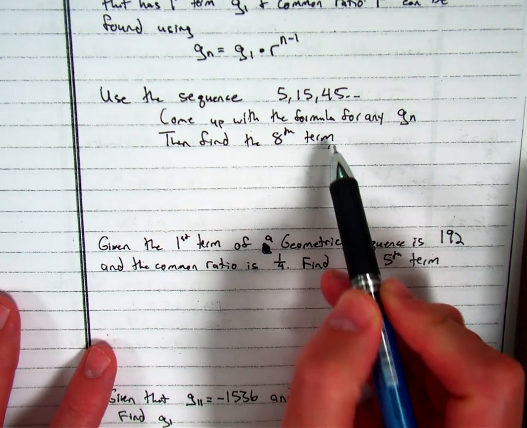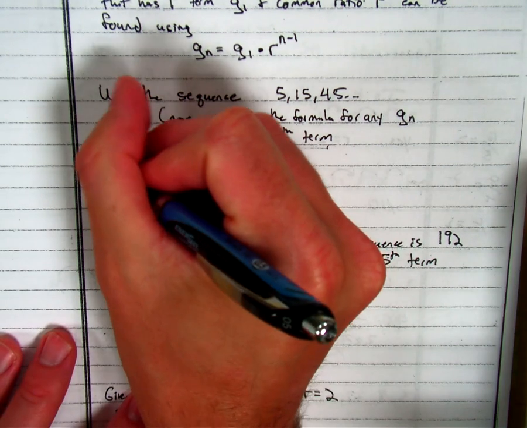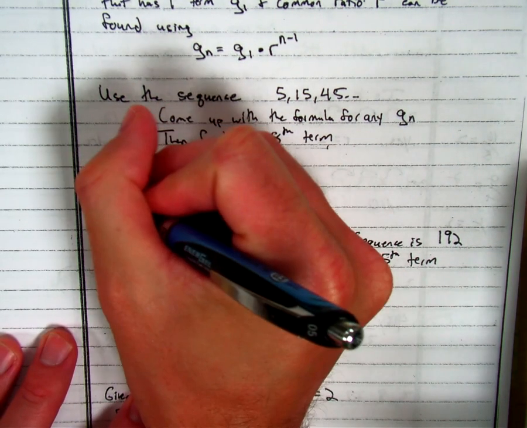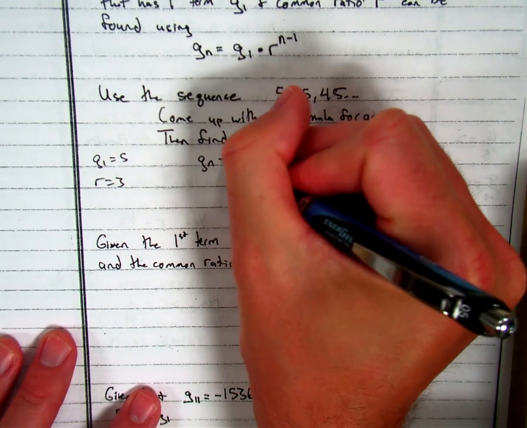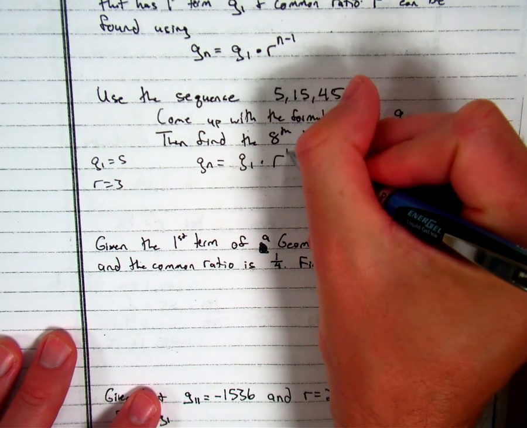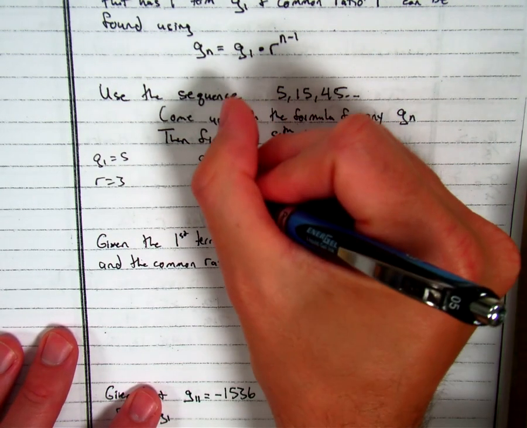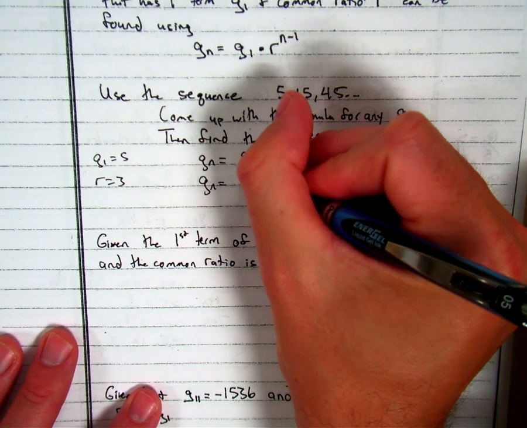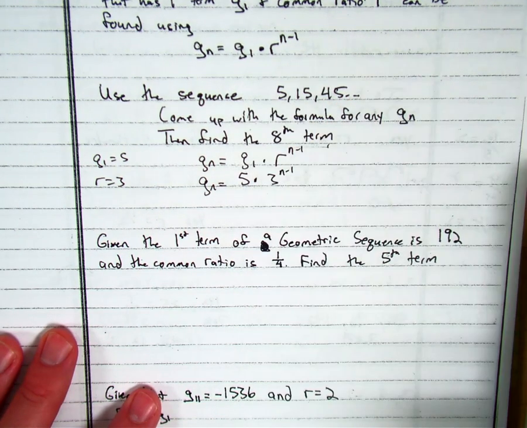We're going to come up with the 8th term. So my G1 is 5, and my R is 3. So G sub n equals G1 times R to the n minus 1 power. So that's going to be 5 times 3 to the n minus 1 power.